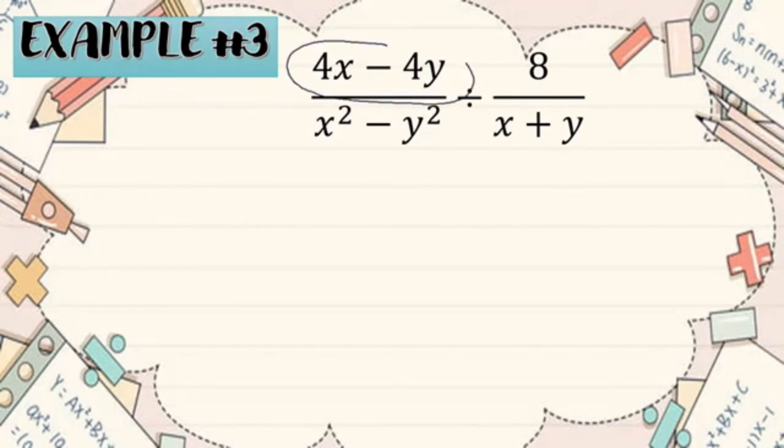Can we factor out 4x minus 4y? Yes, we can. So what kind of factoring can we apply on this? Yes, you are right. We're going to apply common monomial factor. How about on the denominator here? What factoring technique can we apply on this one? X squared minus y squared.